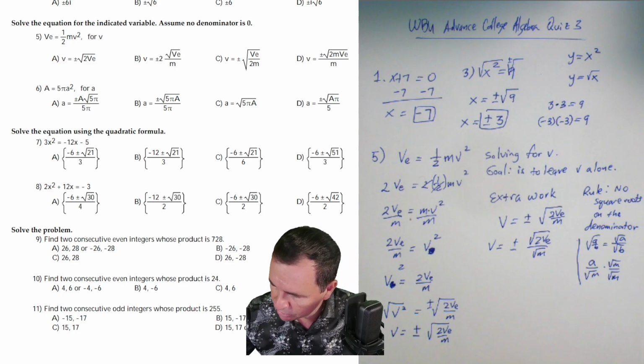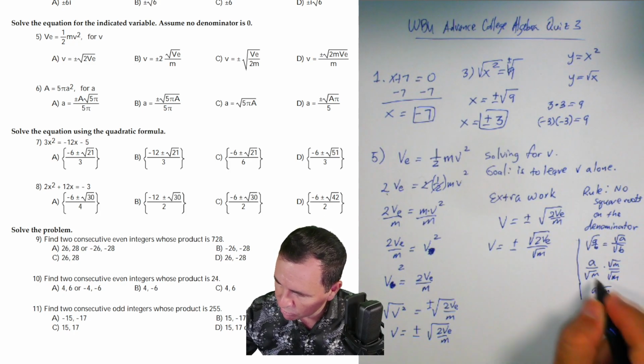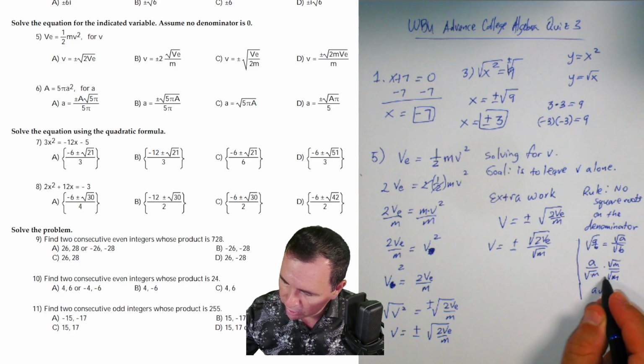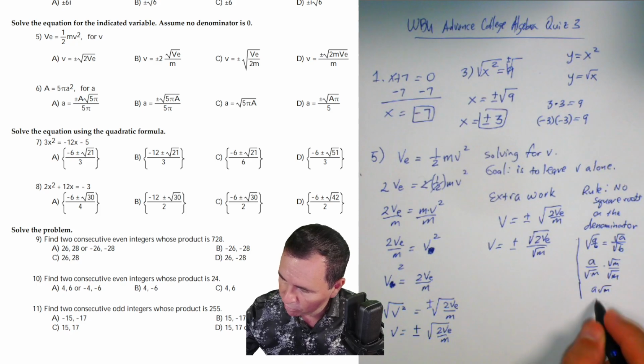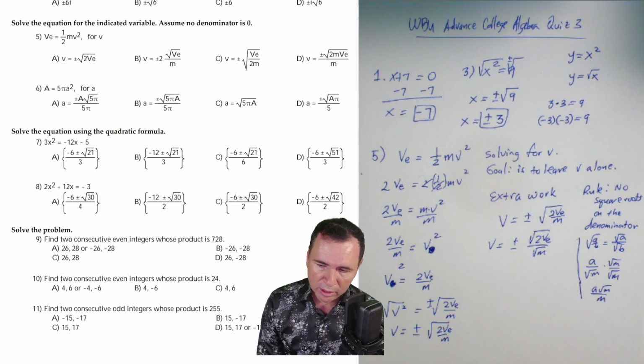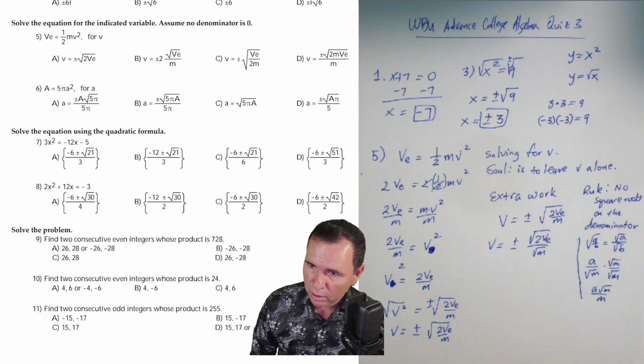You might say, how does this make it better? Well, because you're going to have two of these, and this times this is just going to give you M on the bottom. And notice that you're not going to have any square root on the bottom, and you fixed the rule: no square roots on the bottom.